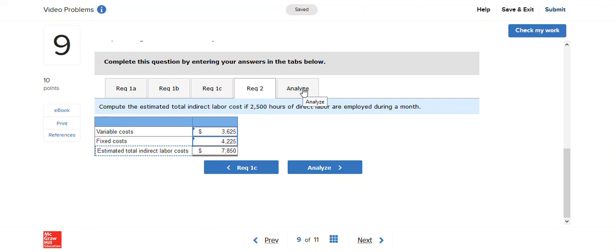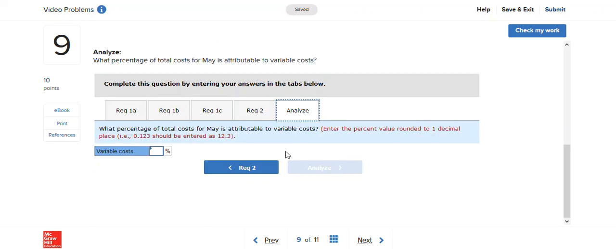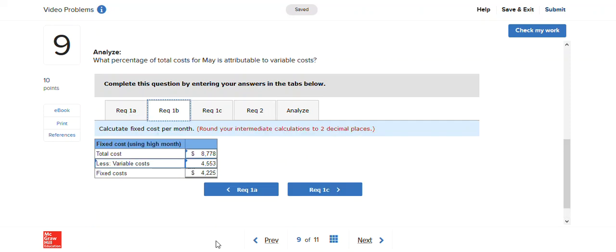And our analyze. What percentage of total cost for May is attributed to variable costs? So for May, I think that was right here. So this says we used the high month, and the high month was May.